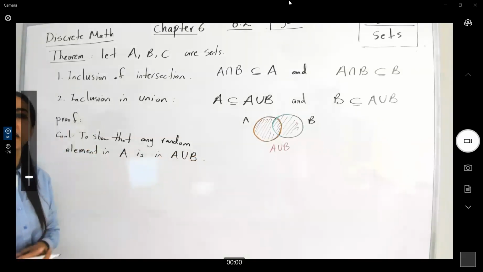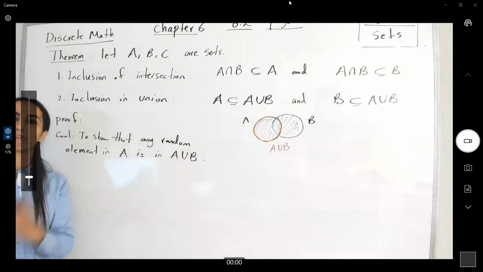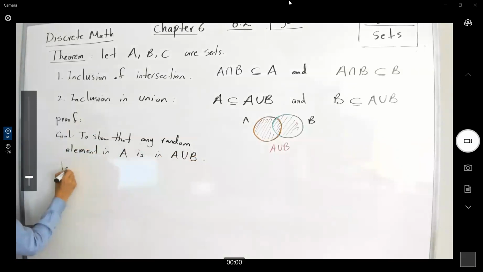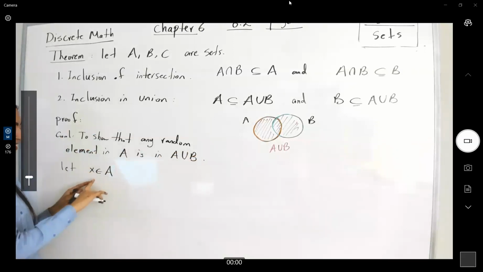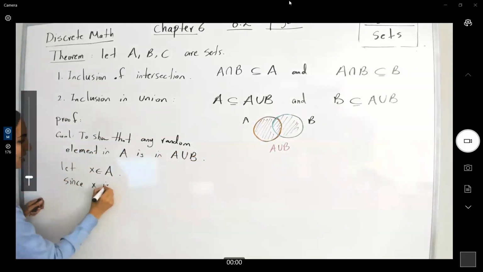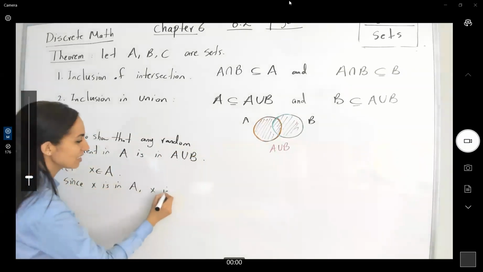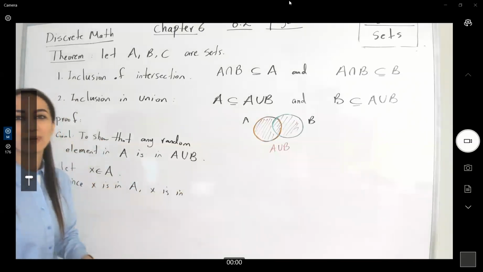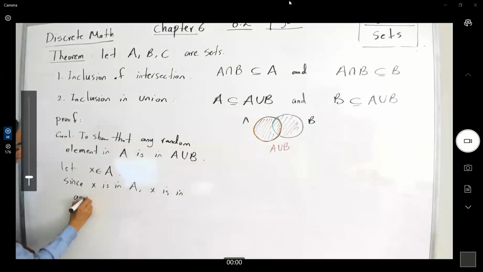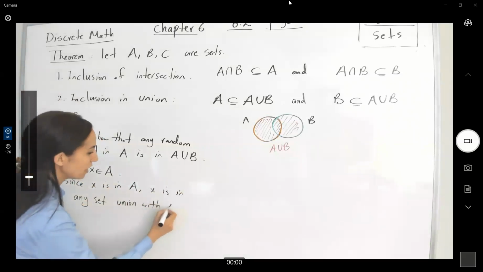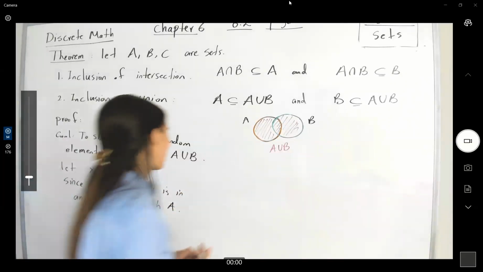So let us use the method of direct proof, definition. Let X belong to A. Since X is in A, X is in any set union with A. It doesn't matter what that set is.